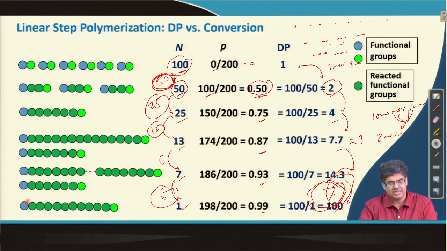So the degree of polymerization increases in the latter case, because when the conversion is very high, around 0.99 or close to complete, they are very big molecules.